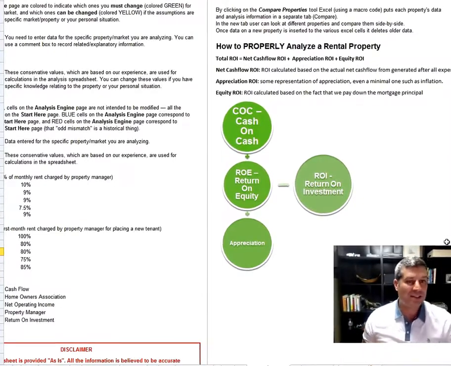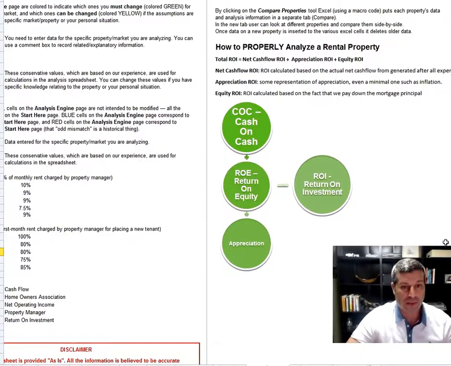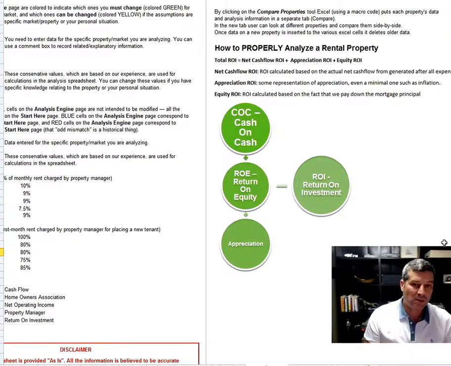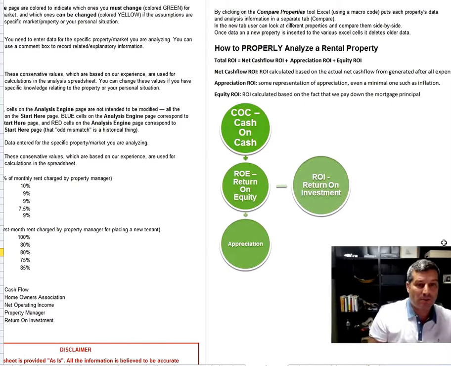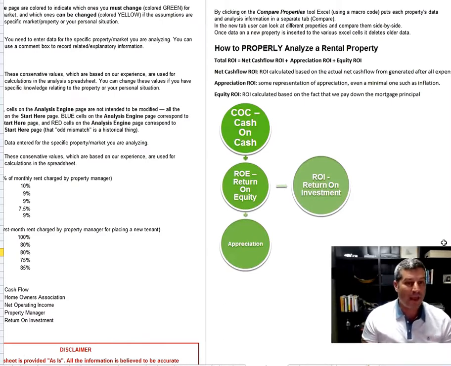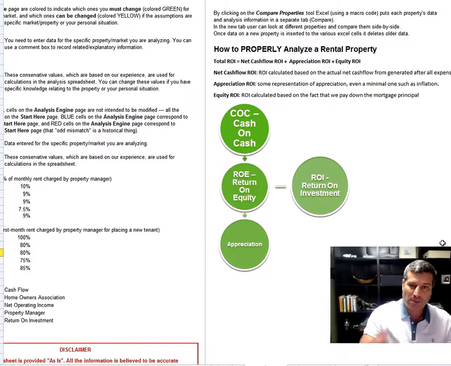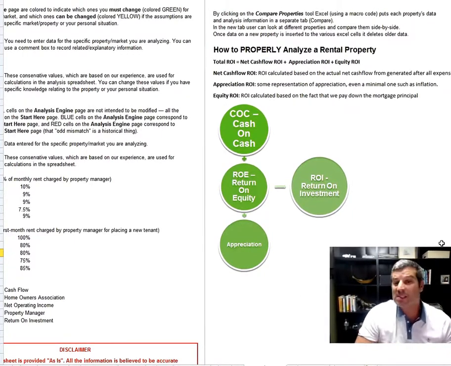It's still in the house, still sitting in the walls, but it's your equity to benefit from. So there is a return on the fact that you just added another $10,000 to your house just by paying off the mortgage principal. So the way I see it, the true ROI is the cash on cash, which is the actual cash flow, the return on equity, paying down the mortgage, and some appreciation.